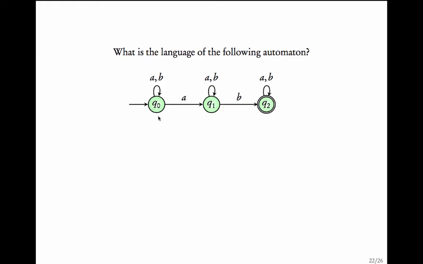So what can the automaton do? It can loop here for some time, read some word, then read an A, read some word, read a B, and then keep reading some other word. This automaton accepts words that contain an A followed by a B after some time.